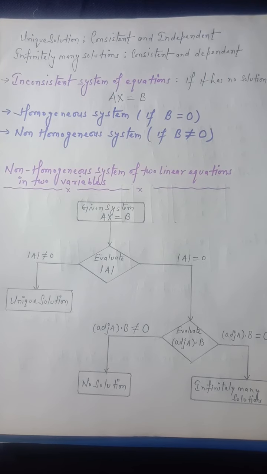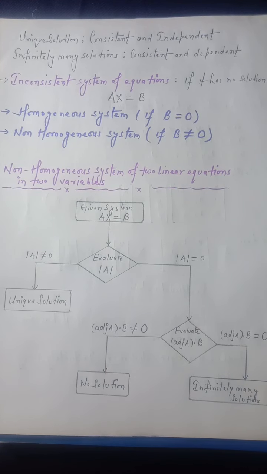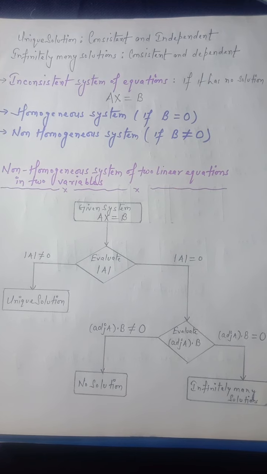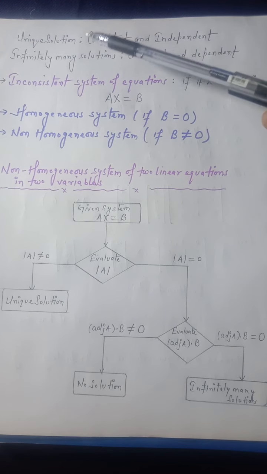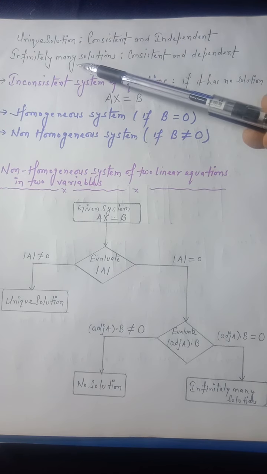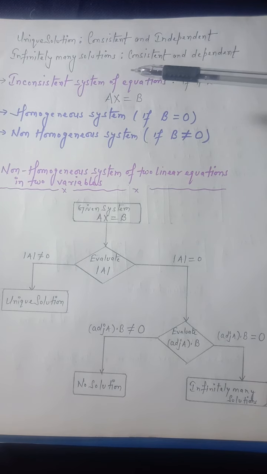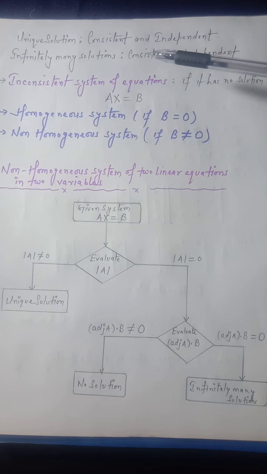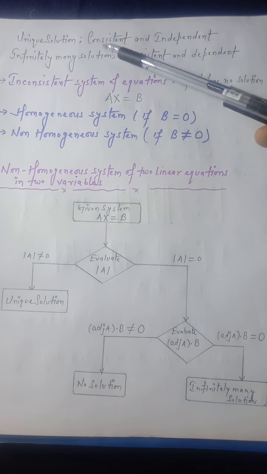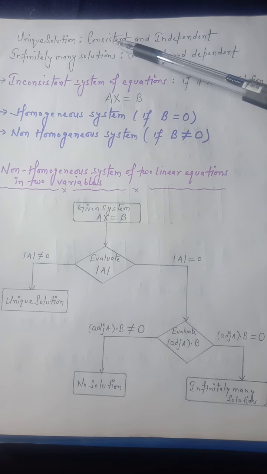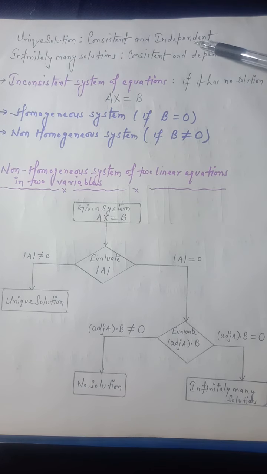When the system of equations is consistent, two possibilities are there: either a unique solution or infinitely many solutions. In case of a unique solution, we will say that the system of equations is consistent and independent.